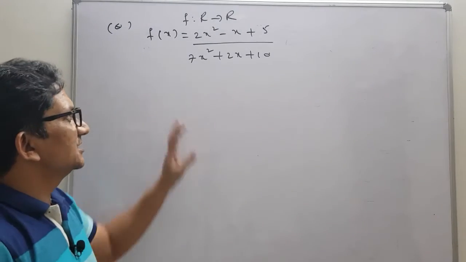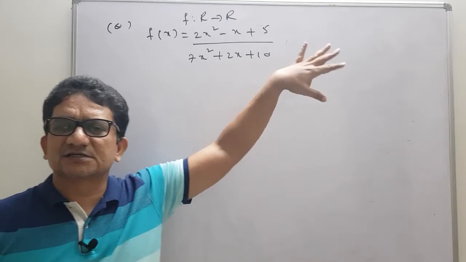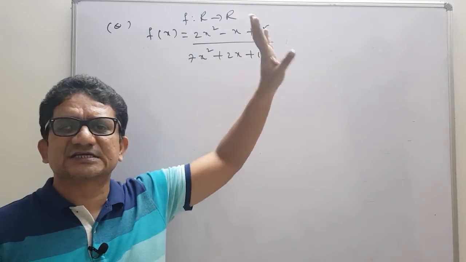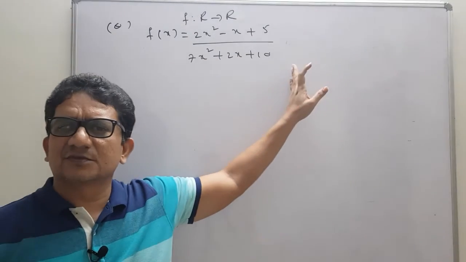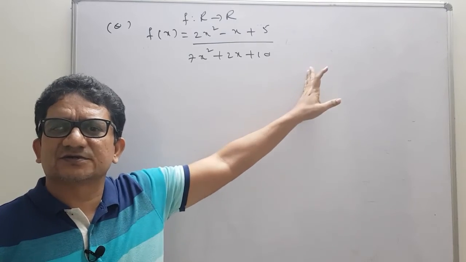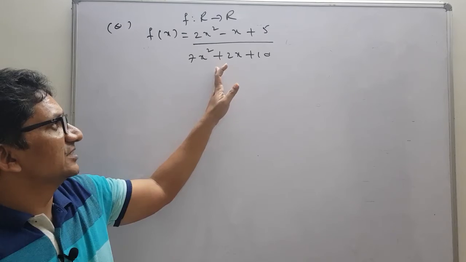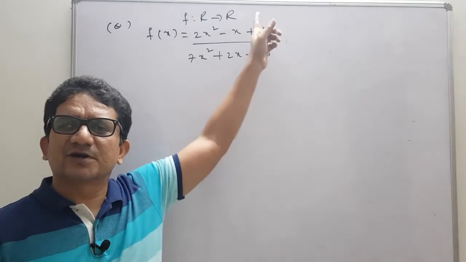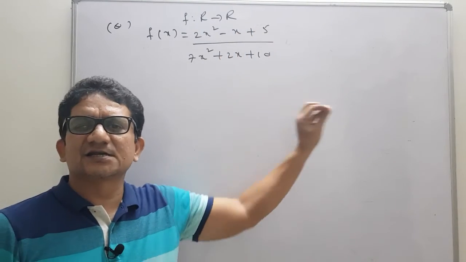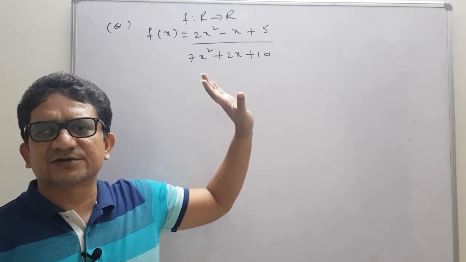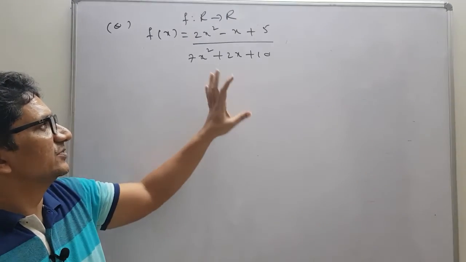To check whether this function is 1 to 1, we will apply the methods we saw. See, the graph, we don't know how to draw the graph of this one. Graph exists but is difficult. Next, differentiation. We can do the derivative, but u by v we need to apply. Little steps will be involved while doing the derivative. So okay, not so simple.